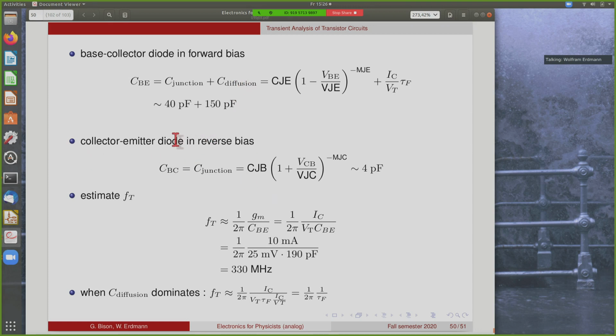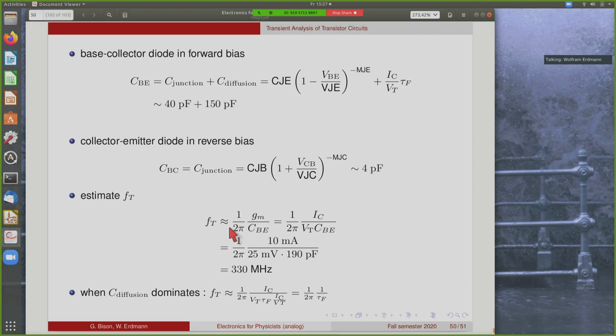While for the collector emitter diode, which is in reverse bias, you get this expression here, the sign for the voltage changes, of course, because the voltage here is counted in the other direction. And here you only get 4 picofarads. So this capacitance is much larger, which is typical, and it dominates the transition frequency.